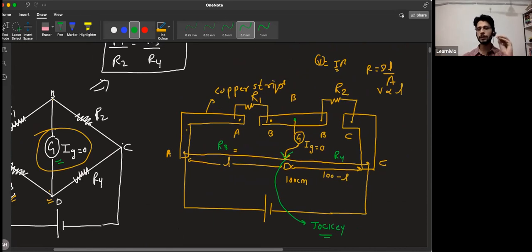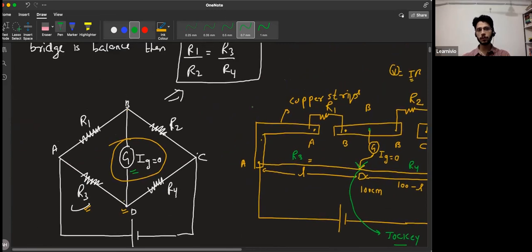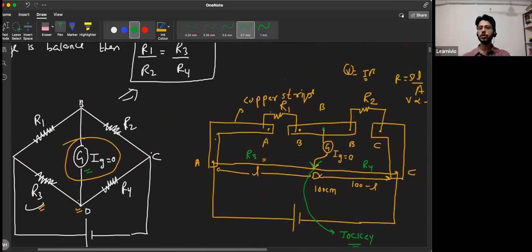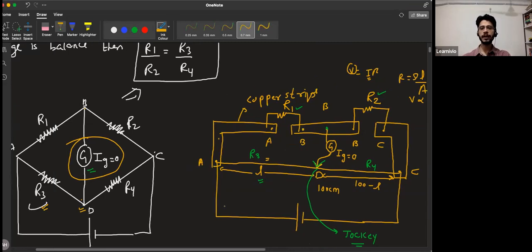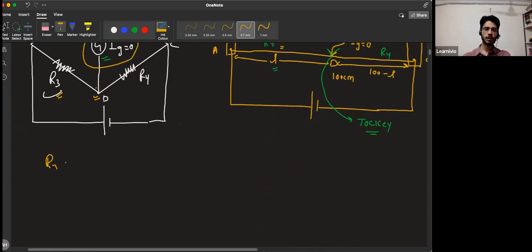Now your aim is, the theory of this calculation is somehow you have to relate this R1, R2 with this L. See, this L is representing this resistance R3. This 100 minus L length is representing this resistance R4. So what is R3?